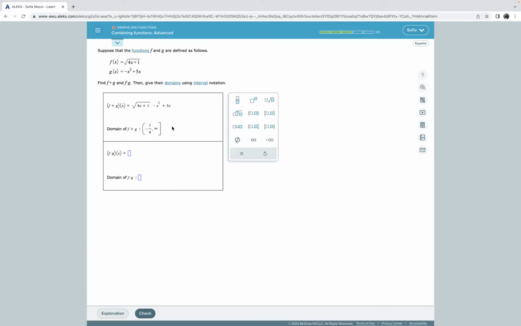Infinity always goes with parentheses. So it's bracket on the left and then parentheses on the right.